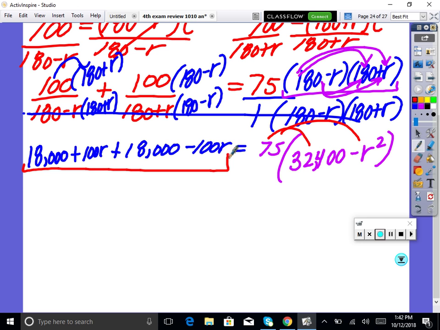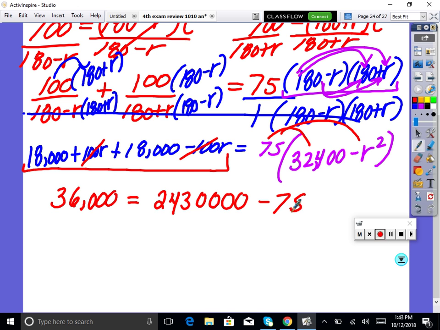Let's combine like terms on this side. So we now have 36,000, our 100r's went away in this problem, is equal to 32,400 times 75. When solving a quadratic, I'd set it equal to 0, so I'm going to subtract this over. But notice, I can just solve directly for r in this one.